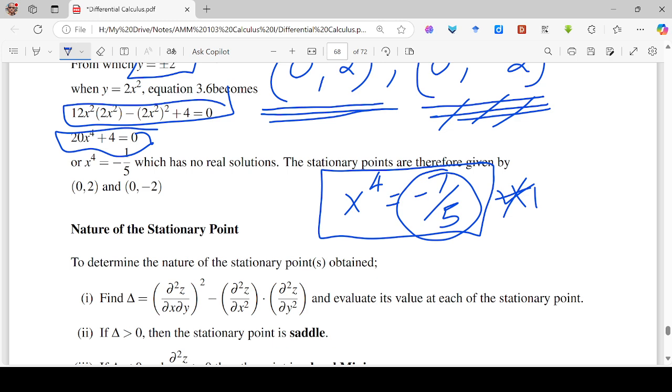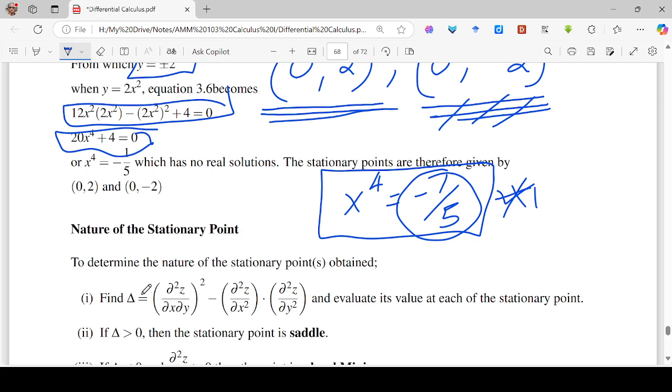We shall denote this by the Greek letter delta. Delta is equal to the square of the mixed second order partial derivative minus the product of the other two second order partial derivatives. So we evaluate this value at each of the stationary points that we obtain.